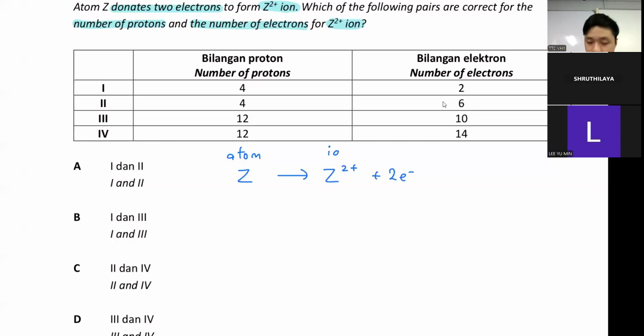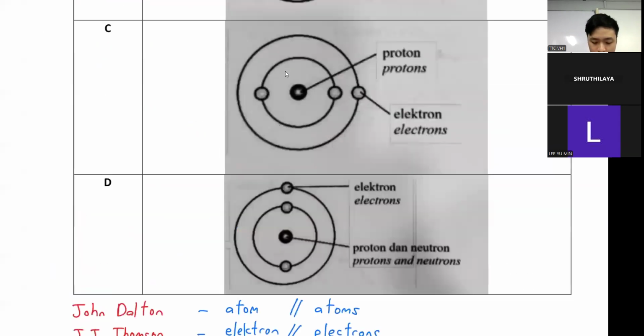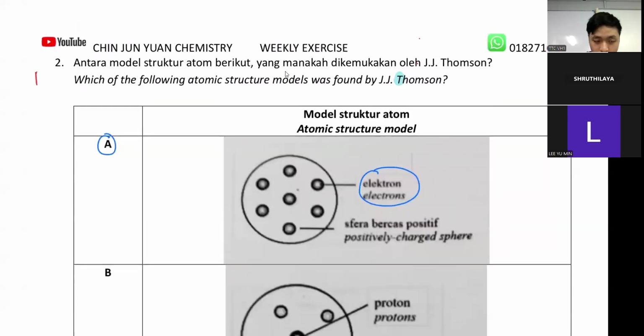This is ion Z2+, and they want the information of Z2+. They tell you there are 2 possibilities for proton, either 4 or 12. And the number of electrons, how many? By the way, forgot to tell you, question 2 is also Form 4, chapter 2.